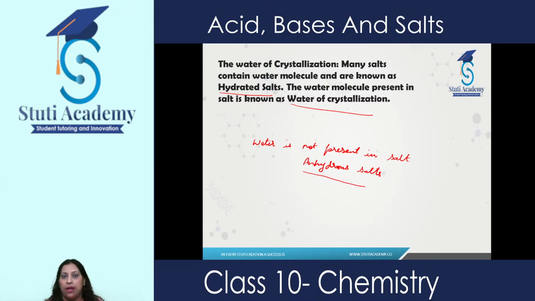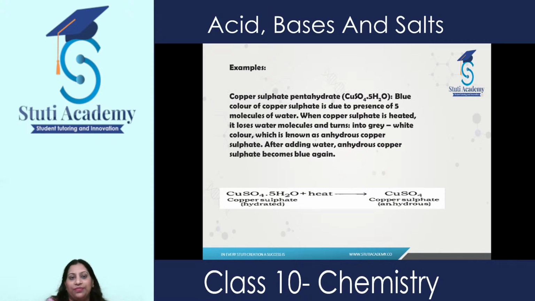So vice versa, we can convert hydrated into anhydrous, or anhydrous into hydrated. If we remove water, it becomes anhydrous. If we add water, it becomes hydrated salt. And the presence of water molecules is known as water of crystallization.